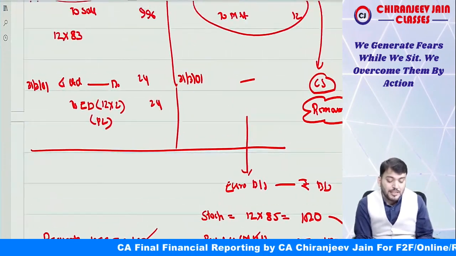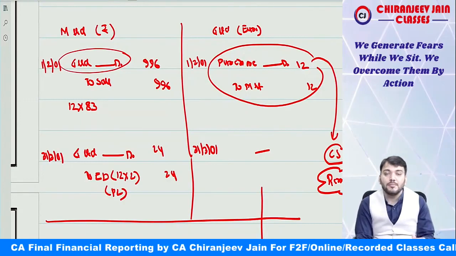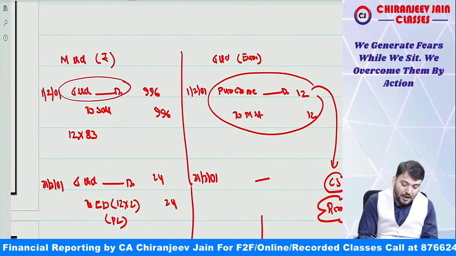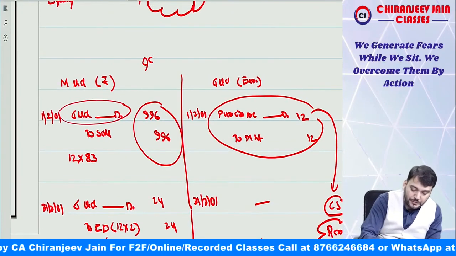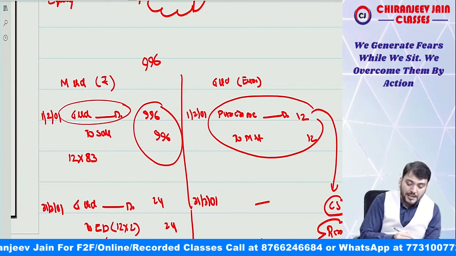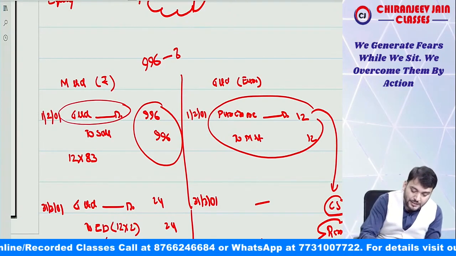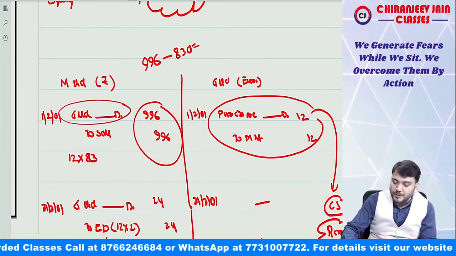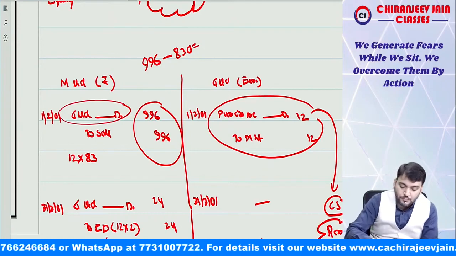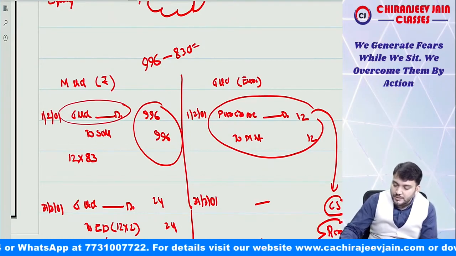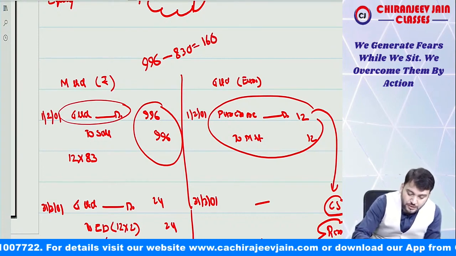And can I say this includes an unrealized profit? So what is that unrealized profit that we need to find out? 996 is the sale price. What was the cost price? They have given 830. So the unrealized profit is 996 minus 830, which is equal to 166.